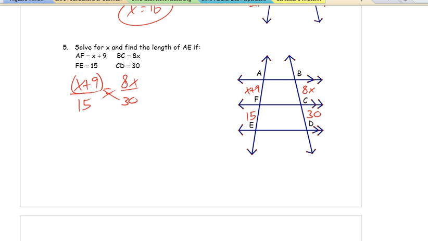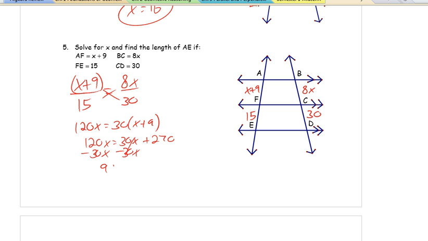Cross multiply. So we get 15 times 8x is going to give you 120x equals 30 times x plus 9. 120x equals 30x plus 270. Subtract.